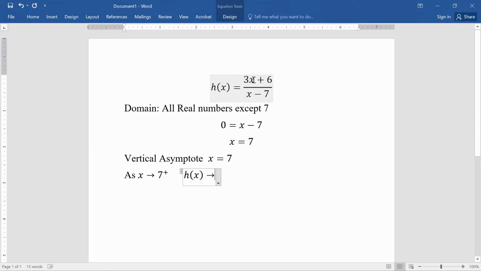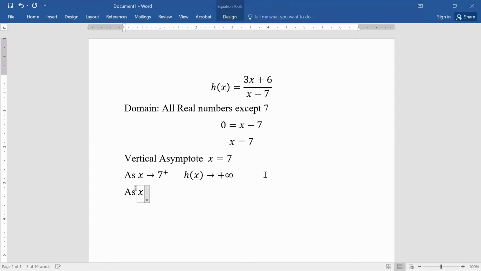We also have positive, so we go positive over positive. We're getting a positive infinity. So the limit as x approaches 7 of the function h of x is positive infinity. This is just another way to write limit is positive infinity as x approaches 7 from above.